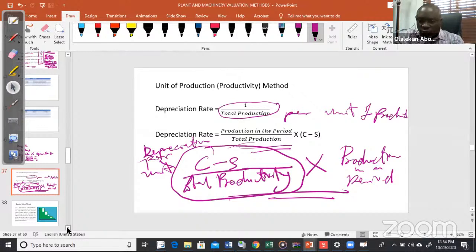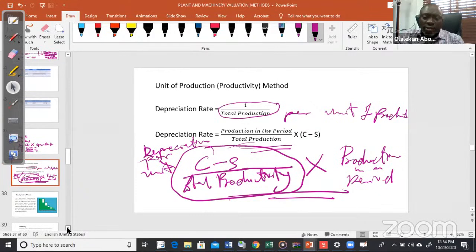That is the unit of production. Now, with this, we have come to the end of what we call the constant sum methods or fixed sum method. The next phase is the accelerated depreciation method. I need to tell you, the constant sum methods are simple methods.